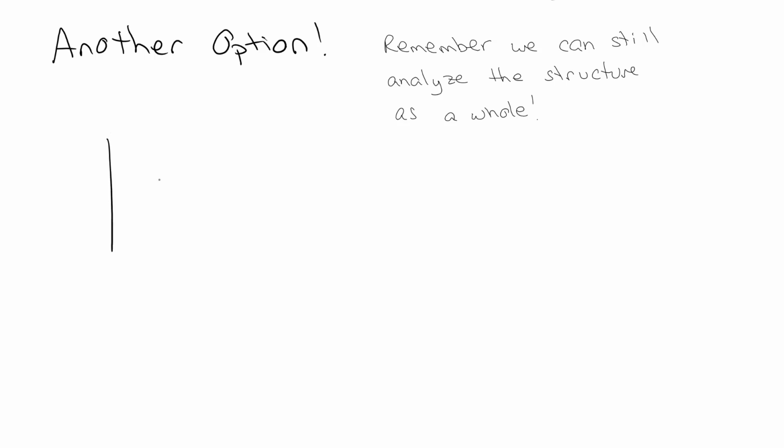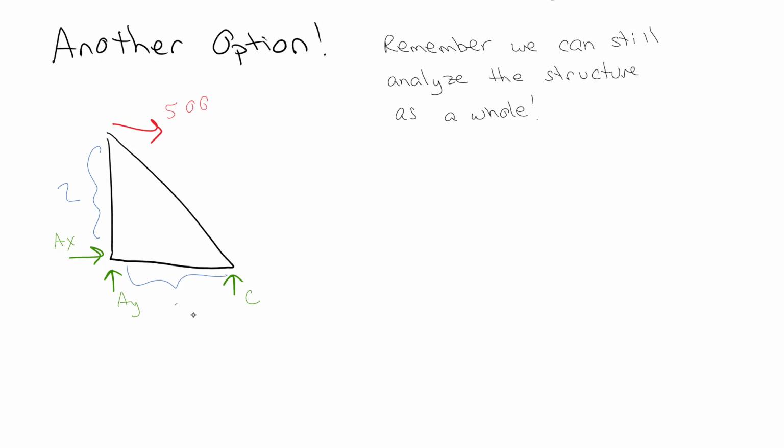So remember that we can still examine the structure as a whole. So if I just kind of look at what the basic thingy looked like with the AX, AY, and the C and the 500. So I could still do this, and like I said, I'll just go ahead and label it out. AX, AY, C, and these distances were 2 and 2. I know you're tired, I'm tired, we're all tired. I can still analyze this structure, so I'm going to do the sum of the forces in the x, so that's AX plus 500 is equal to 0, so AX is equal to negative 500.